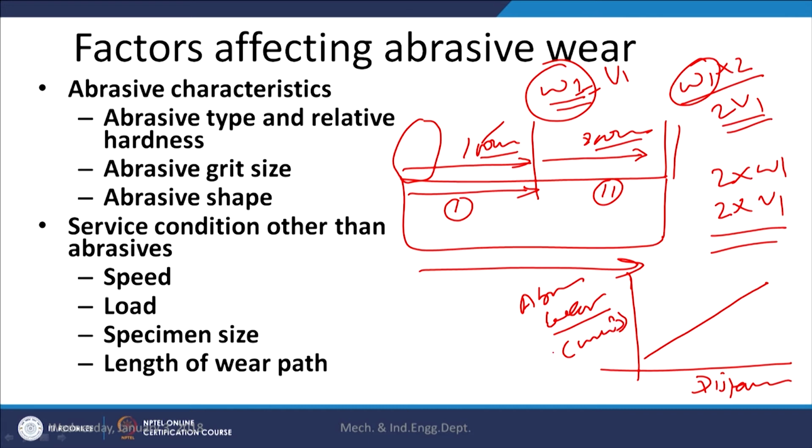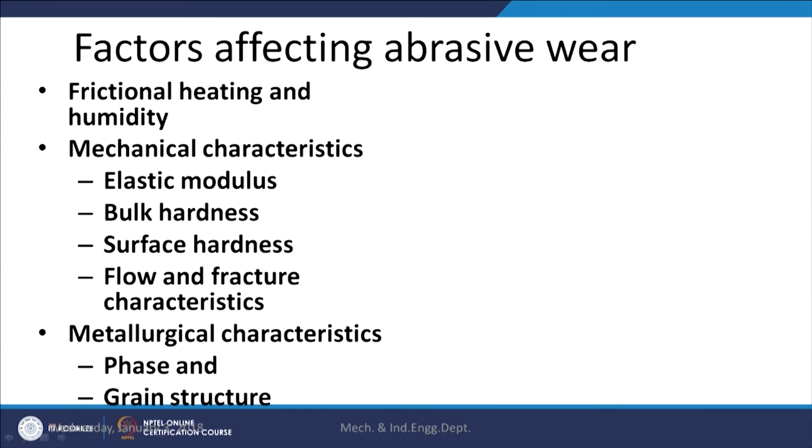And if we measure the wear rate in mm cube per meter sliding distance, then there may not be any change in the wear rate as a function of distance; it remains almost constant. So, this is about the effect of the wear length.